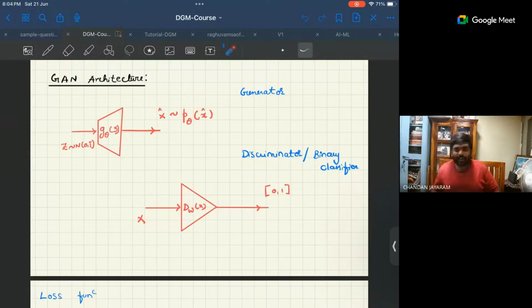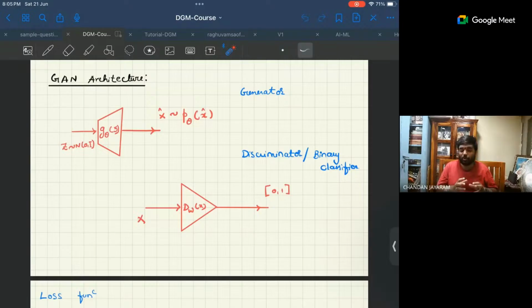In today's session, what I have planned is I will give you a non-mathematical overview of the first 3 weeks' syllabus. What do I mean by that? That doesn't mean I'll not be showing you equations. I'll be showing you equations, but I'll not be taking you through the derivation.